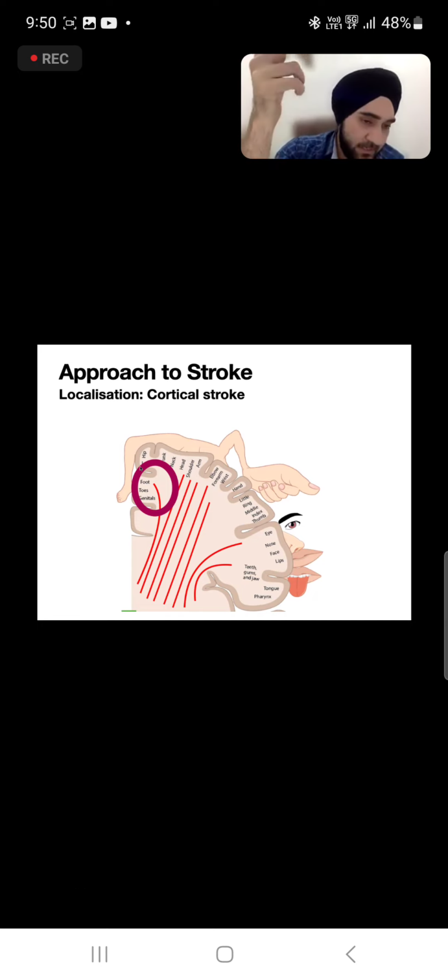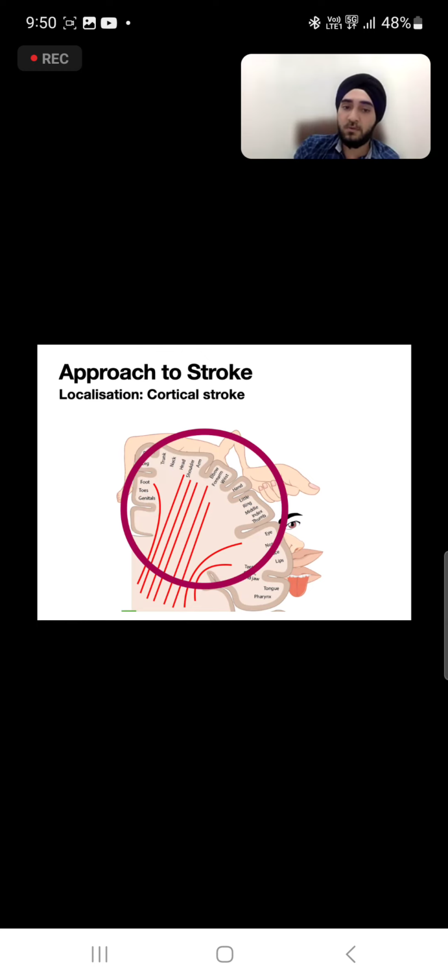Now the next question arises, can there be hemiplegia in a cortical stroke? Now just imagine, if you want hemiplegia to occur, you want a large stroke, an area which involves all of this. Then only the patient will have hemiparesis involving both lower limb, upper limb, and probably some part of the face. Right? So, in order to have a hemiparesis involving the cortical lesion, you need to have a large stroke.